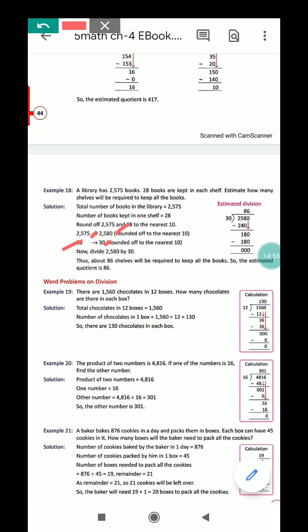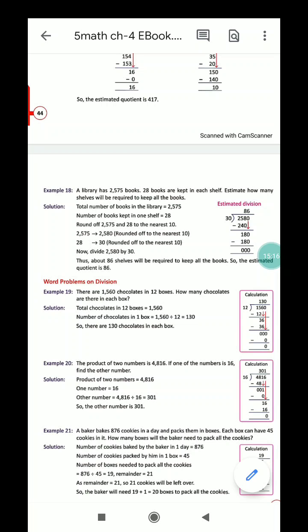So now divide 2580 by 30. After doing the estimated division, we have got that the quotient is 86. So thus about 86 shelves will be required to keep all the books. So the estimated quotient is 86.